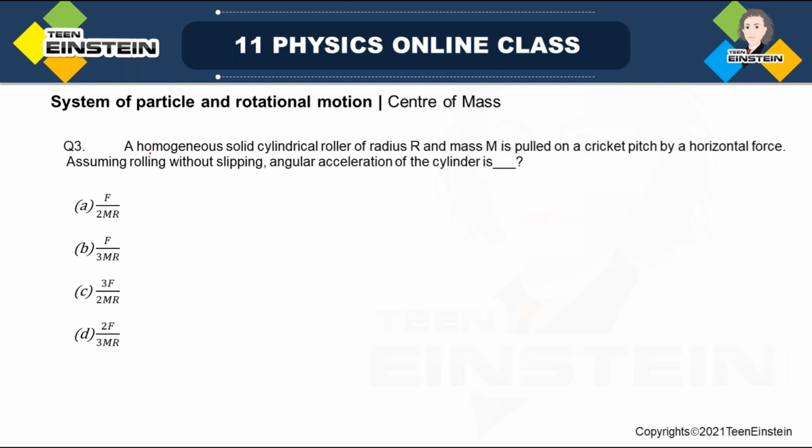Okay. So this is similar to the one we have done. For pure rolling, we can write tau is equal to I alpha, as I was saying.